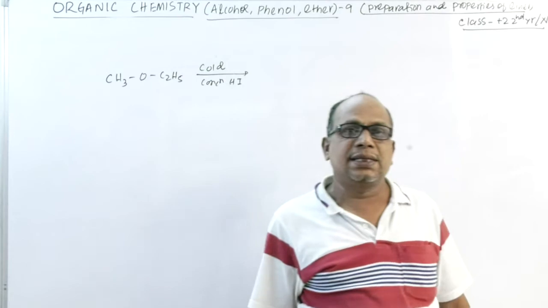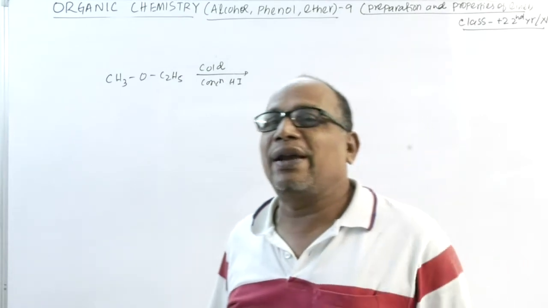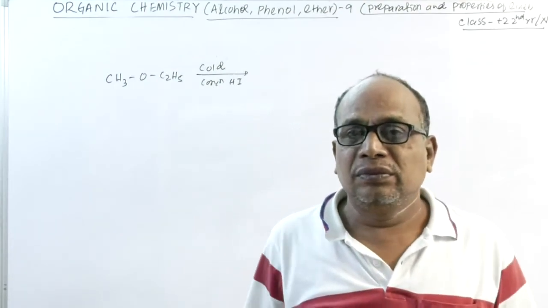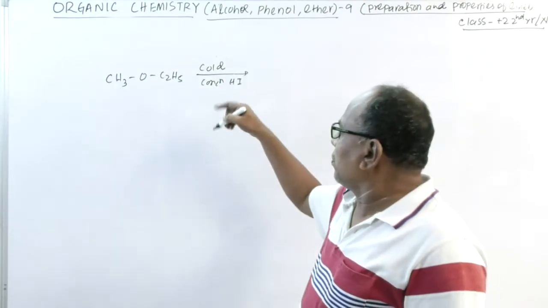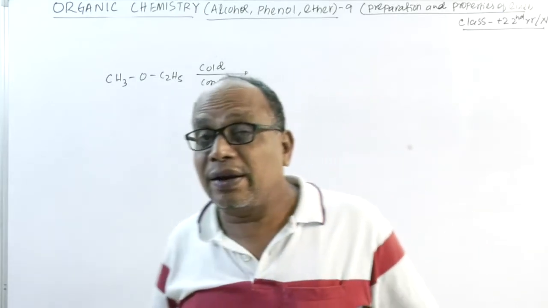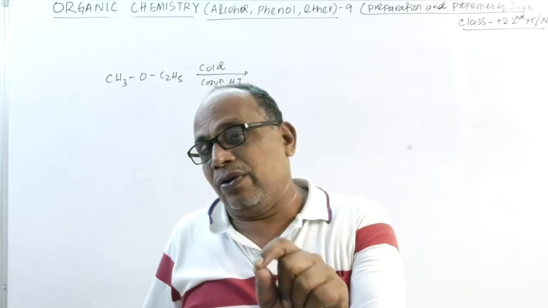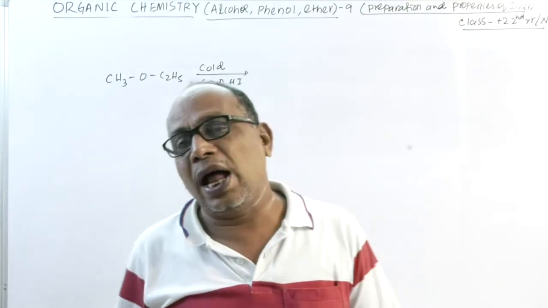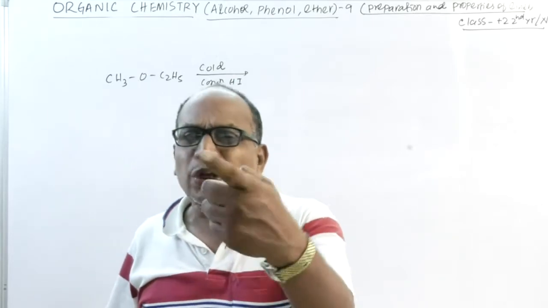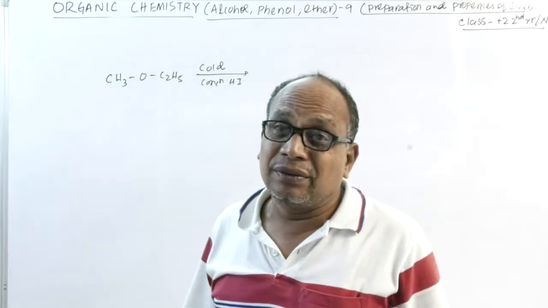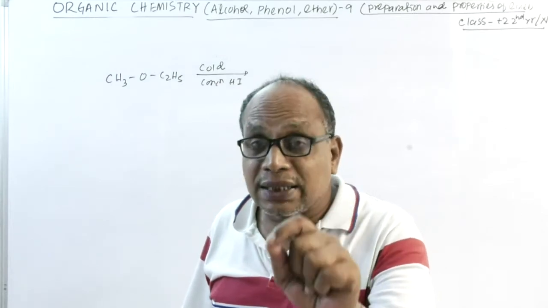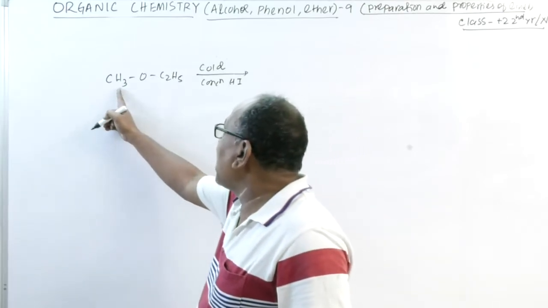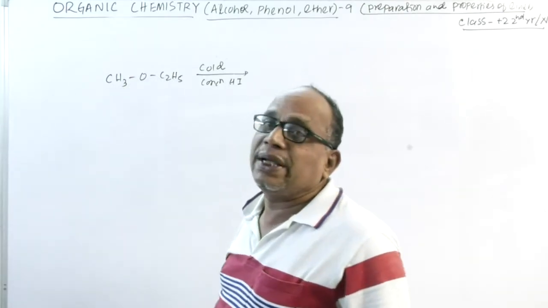Now the question arises, which alkyl group becomes alkyl iodide and which alkyl group becomes alcohol? You know, we have discussed in the first reaction, the iodide ion of HI will attack the alkyl group which possesses fewer carbon atoms, the less bulky group. Between these two, the methyl group is less bulky than ethyl.